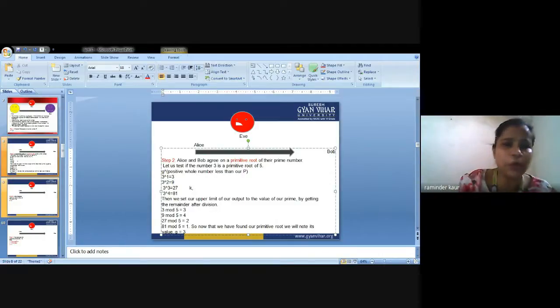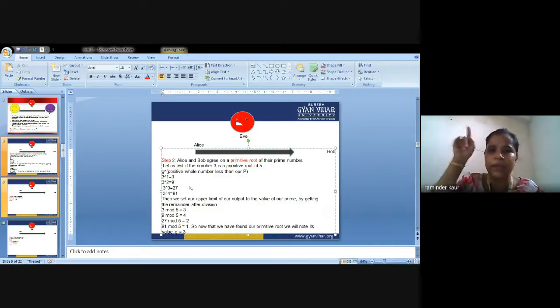So the formula is Y raised to power A into modulus of P. On the other hand, K with B in the footer is equal to X raised to power B into modulus of P. So mathematically, I can say K of A is equal to K of B. So now we have a symmetric key that is used to encrypt the data.